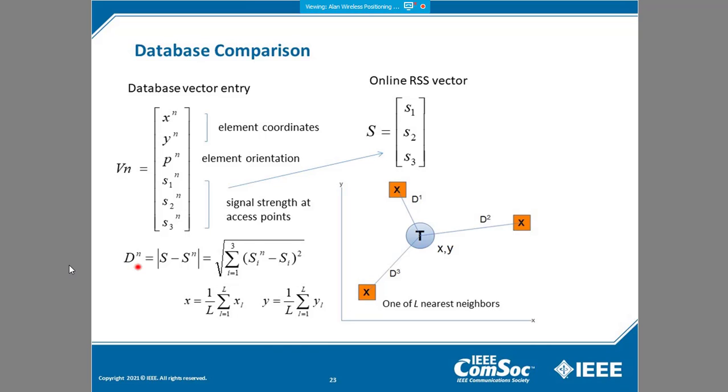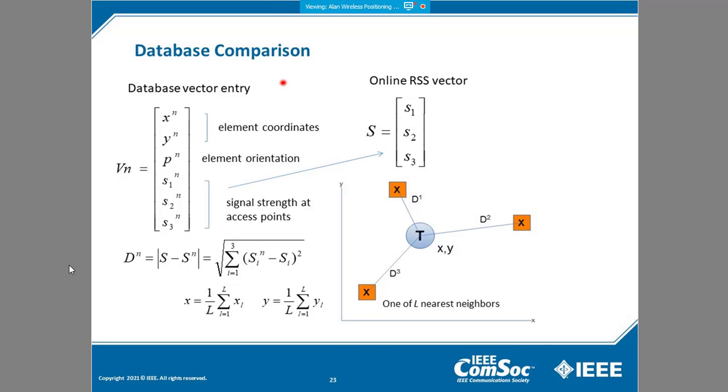This is not a physical distance. This is simply an indication to determine its absolute value. Its actual value doesn't really matter. What matters here is to get a D value for each of the n points in the database.